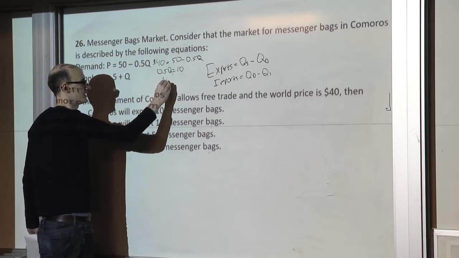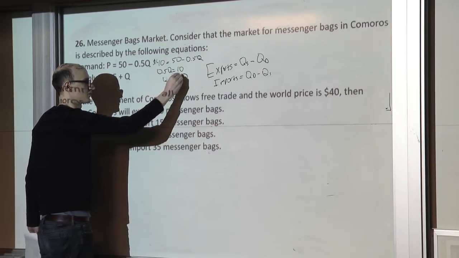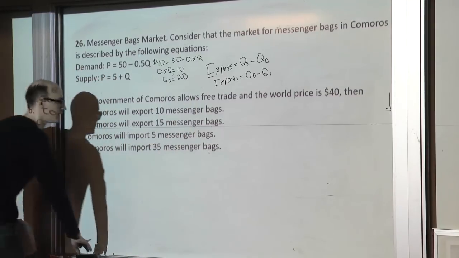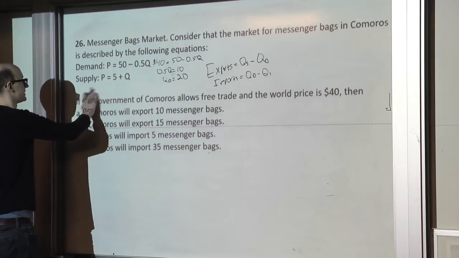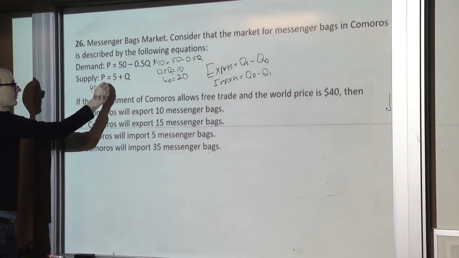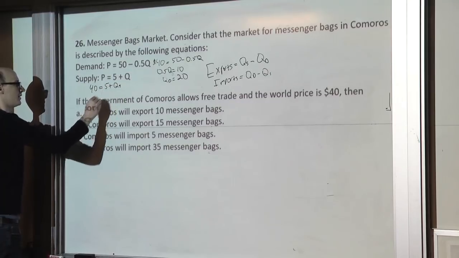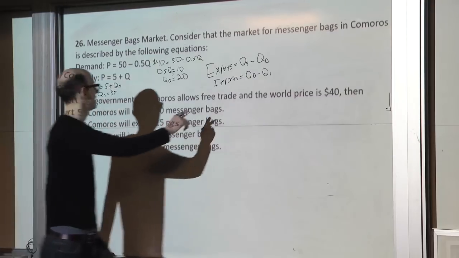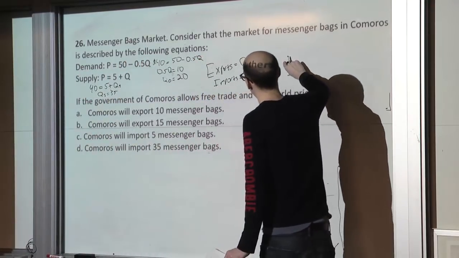And we get QD equals 20. Does everyone see how I got there? Okay. And then for quantity supplied, we can take 40 equals 5 plus Q. So QS will equal 35.